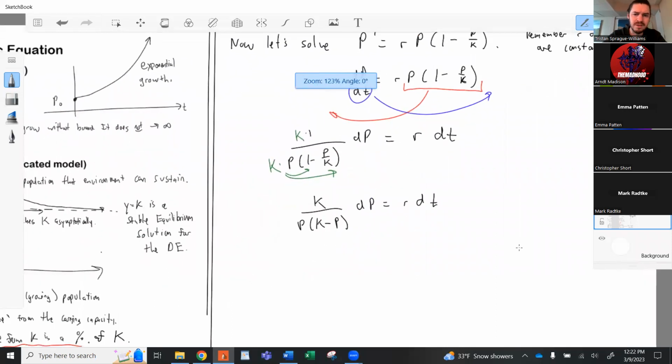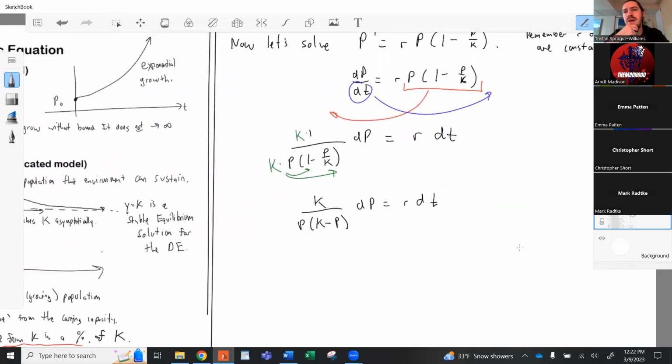And then the second thing I'm going to do is say that through partial fraction decomposition, you guys remember that? Through a partial fraction decomposition, we can simplify this to 1 over p plus 1 over k minus p.